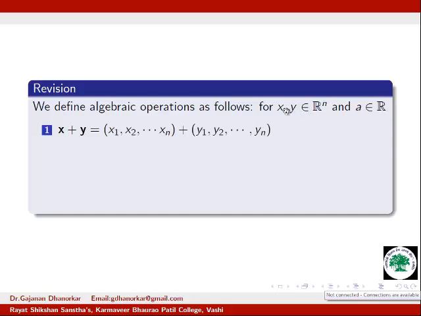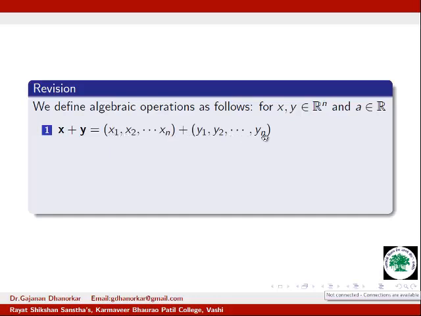Now how do we add and multiply these vectors? x is represented by its coordinates, and y by its coordinates. This is your first vector, this is your second vector.